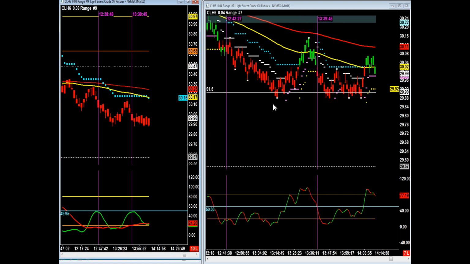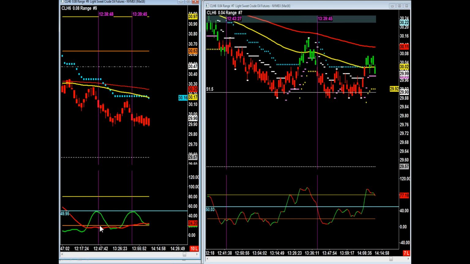Now, what makes this doubly nice is not only do you have a Slinky setting up with plenty of room down to support, we also have this 40 points worth of space here between our green stochastic line and our red stochastic line. And these are two separate stochastics overlaid on top of each other, and I promise I will go over all that tomorrow during the webinar as well.